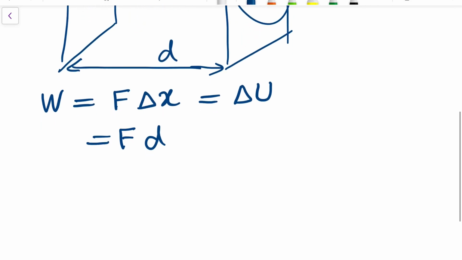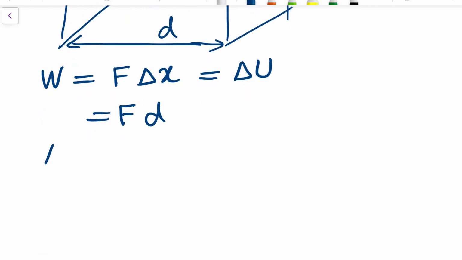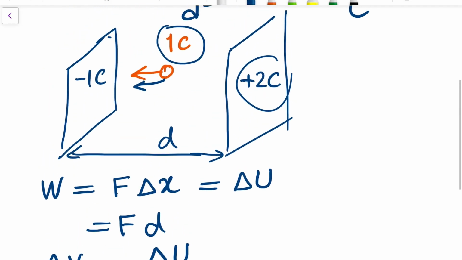Now, by definition, we say that the potential difference between these two plates is the potential energy difference divided by the unit of charge. The unit of charge is, of course, 1 coulomb, which is accidentally equal to the charge I have chosen here.